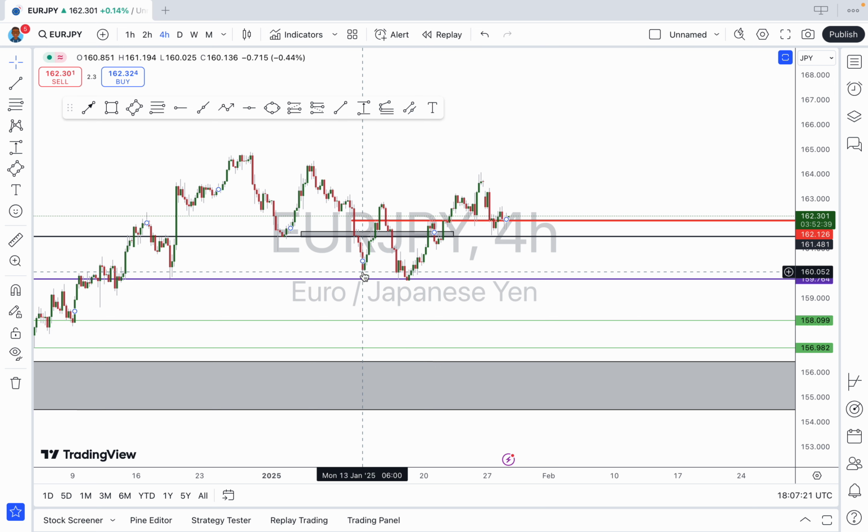Everything 50% was banked in the balance, not equity. So this here, from this high to this low, was a success, right?